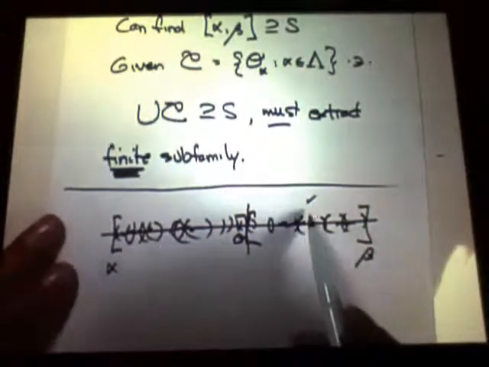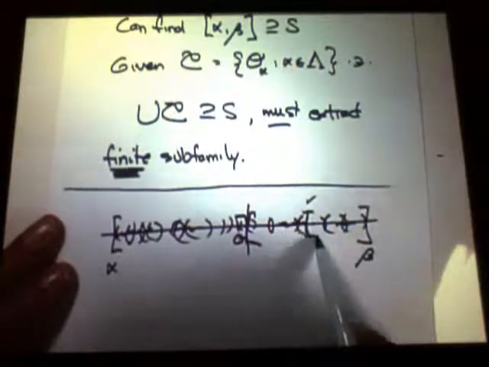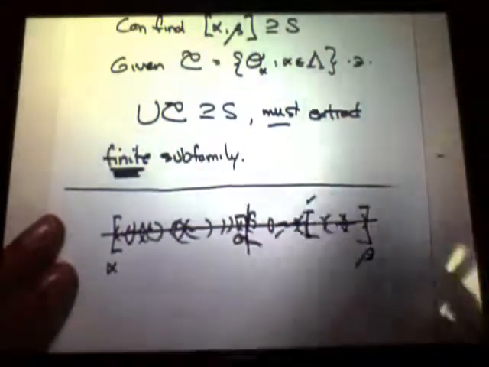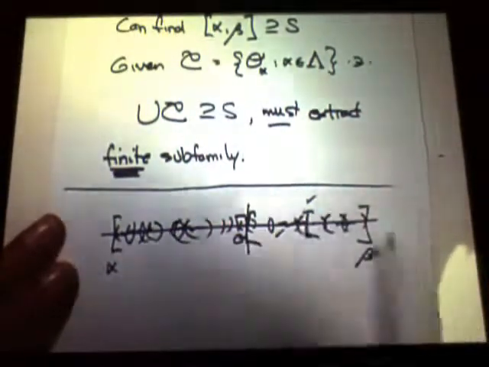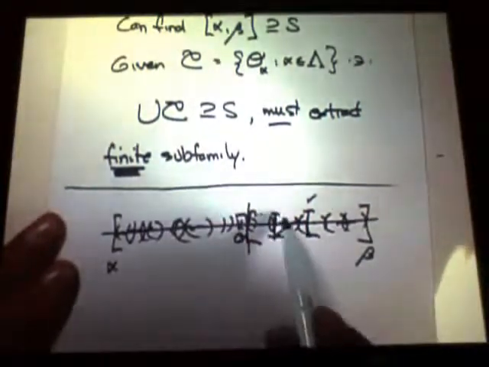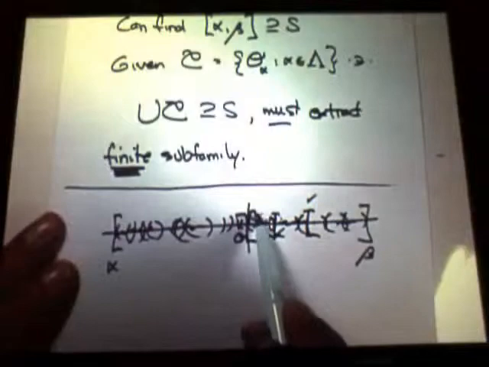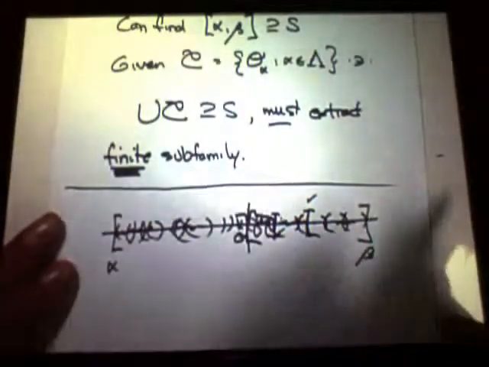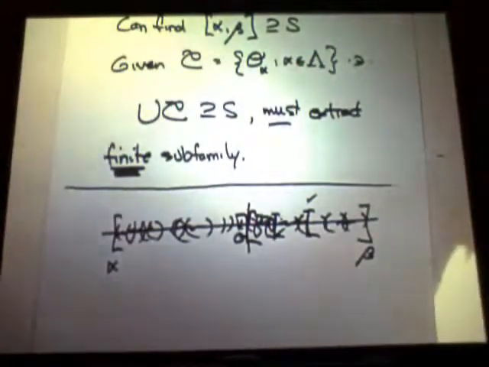Let's just, for the sake of definiteness, make that so. Now, we do it again. Cut that one in half. And let's suppose it's this one that requires infinitely many. You get the picture. This is the method of bisection. So here we go. We keep cutting these, cut these, cut these. What do we have? A sequence of closed intervals that are nested.